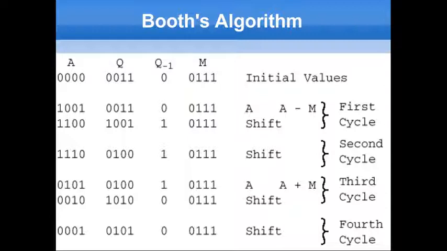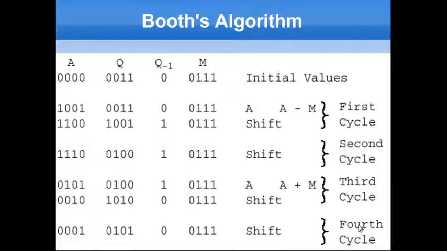We find that it is 0, and with respect to 2's complement form, any binary number which begins with a 0 is a positive number, and therefore this grouping 0, 1 denotes an addition, a positive operation. And so we will add to A the value of M and store the result in A. So that's an easy way to remember what operations are to be performed when.